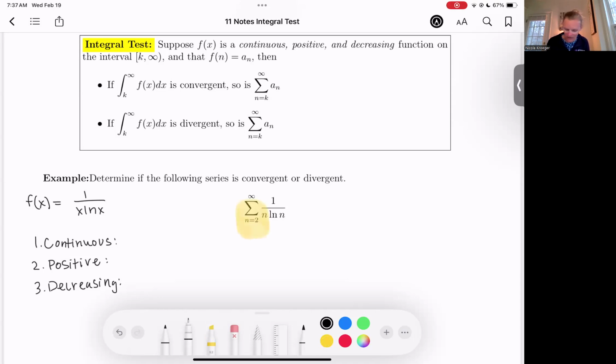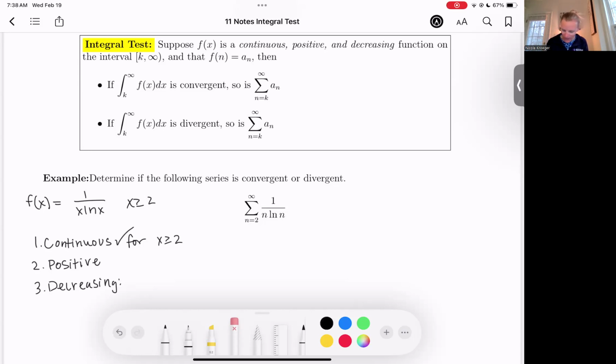So we really just care that this is continuous, positive, and decreasing when x is bigger than or equal to 2, because that's the starting point for our series, so it will be the starting point for our function as well. Since 0 and 1 are smaller than 2, we don't have to worry about this function not being continuous. So this function is indeed continuous for x greater than or equal to 2, which is all that we care about.